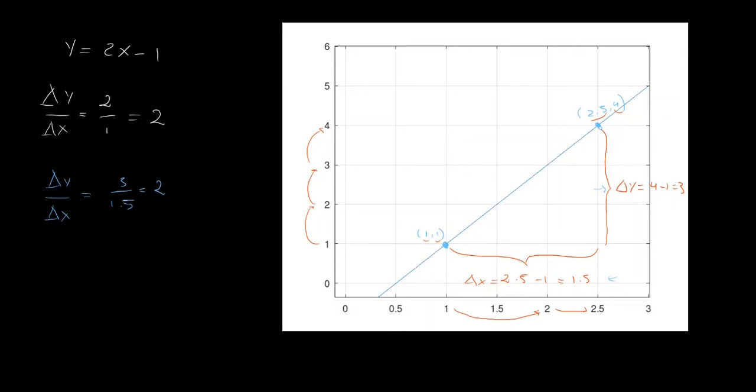So we grabbed another pair of points, and again we had that the relation in our change between y and x was 2. The same we got in our first calculation, and that's exactly what this number is representing in a plot.